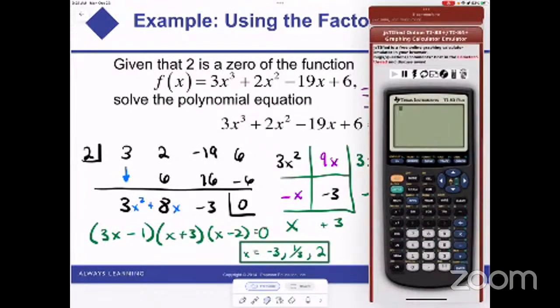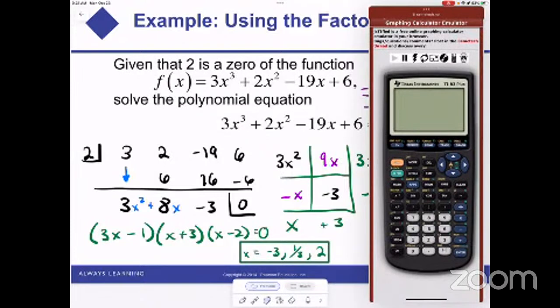So then in my y equals, I'm going to put what we got: 3x to the power of 3 plus 2x squared minus 19x plus 6. Okay. Then I'm going to call on that function. Let's evaluate it when x is -3. We should get 0.